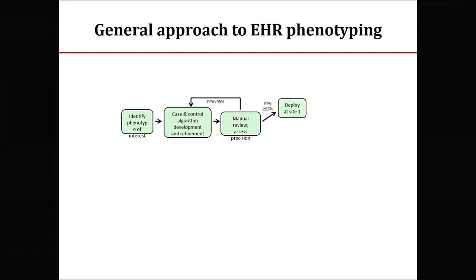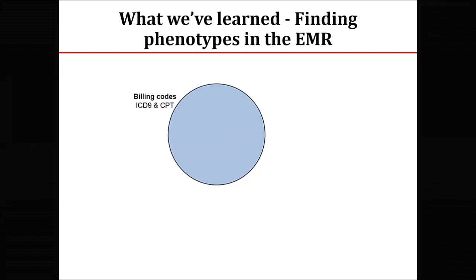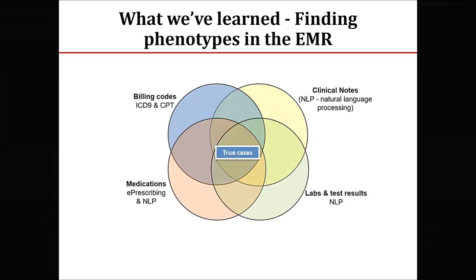Then you deploy it across a site and maybe other sites such as eMERGE, and do your genetic association test with your DNA. And overall, what we found is these algorithms almost always include billing codes, but usually also need to get at some evidence in the medical record, such as the notes, medications or important markers, and then laboratory and test results. And combining these with certain algorithms gets you to a high positive predictive value.